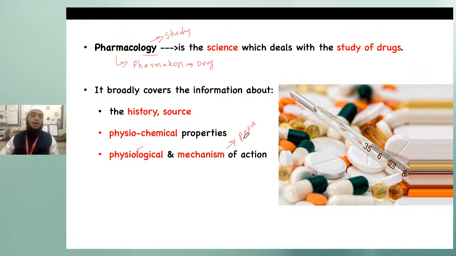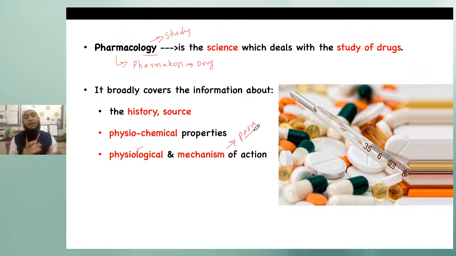If you see the action of paracetamol, it is mostly used for the treatment of fever. To reduce the fever, you are using paracetamol. Likewise, paracetamol also has a certain level of analgesic activity, and at higher dose, it also produces anti-inflammatory action.